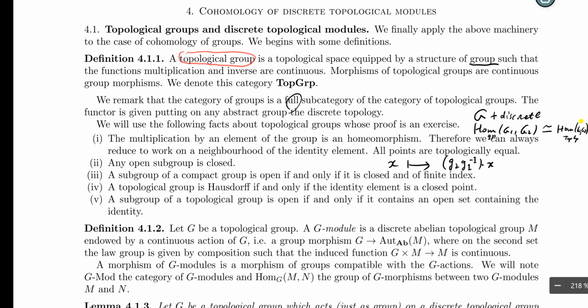Any open subgroup is closed. This is what we know. A subgroup is closed if and only if it has no restriction on the index actually.